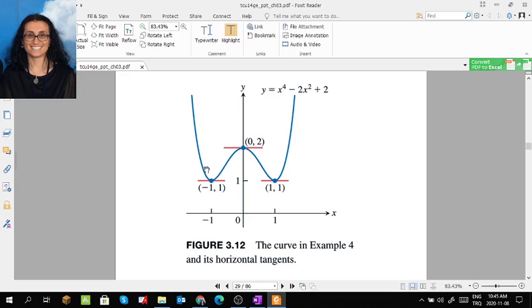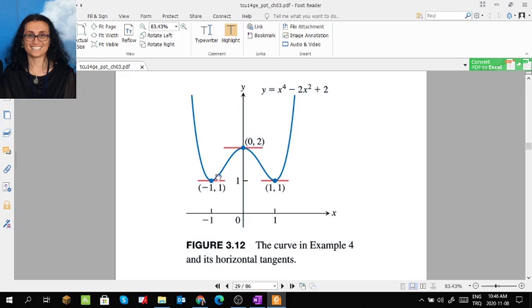Local minimum means locally it's the minimum value it can take. If you just look around -1 and look at points that are close to -1, then if you look at the behavior of the function, at -1 the y value 1 is the smallest value for this function locally here. You don't want to look at it globally, you just want to look at it locally. That's why it's called local minimum value. We are going to talk about this later on, I'm just telling you now.